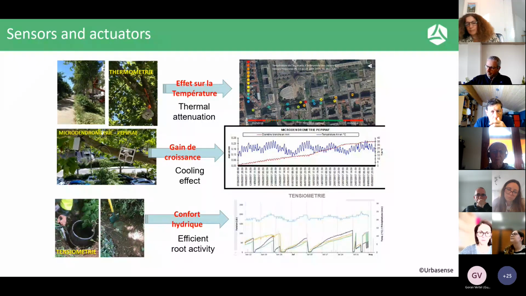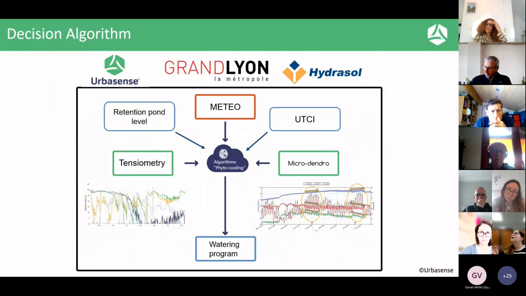Next, please. All this data is processed by an algorithm that we call phytocooling, and the algorithm will take the decision to water or not water, and will emit a watering program. This watering program goes to the irrigated trees.